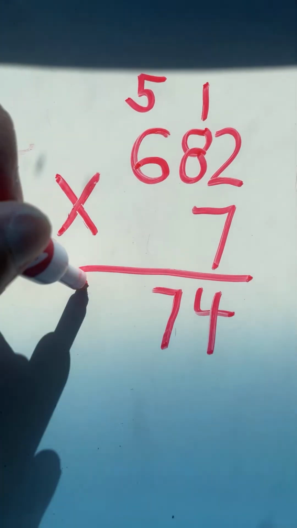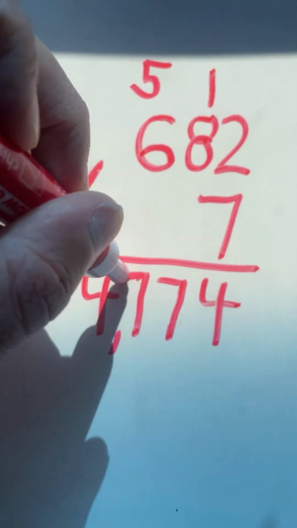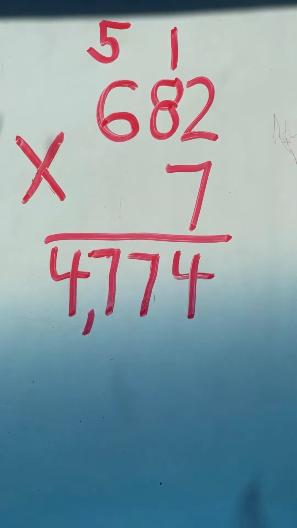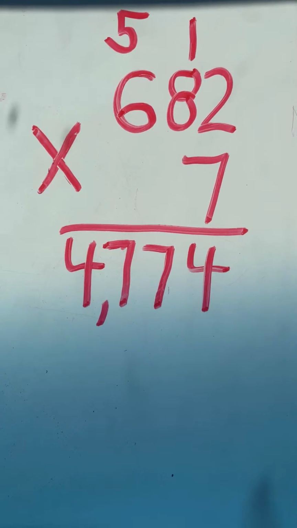Plus 5 equals 47. And we have our final answer. 682 times 7 equals 4,774.